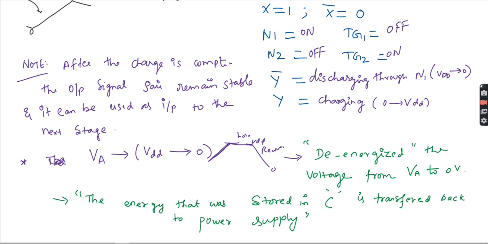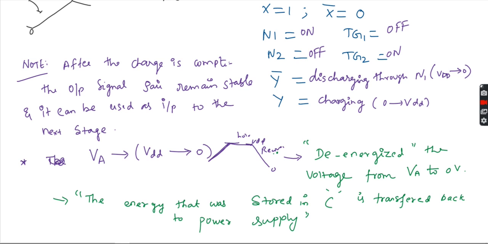That is a recovery circuit. So only we said it is a recovery. That is why we need to design a power supply such that when your power supply, that is your VS, goes back to 0, whatever energy was stored in the C will transfer back to the power supply. So there is no dissipation here when the voltage goes back to 0. Not only to 0, it can even go to negative.